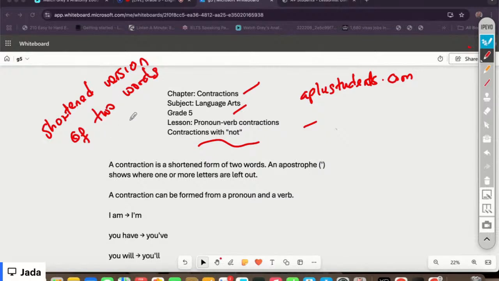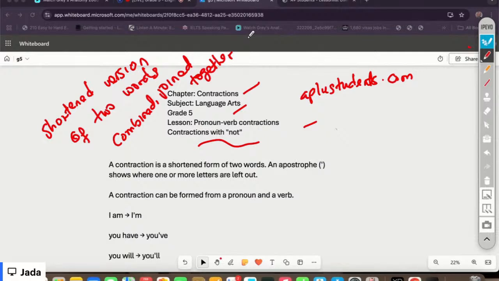So it's a shortened version of two words combined together or joined together, that shows you where one or two letters are left out. Usually, you have the apostrophe in place of the letters that have been left out, okay? You always have the apostrophe. That's why we call it contraction.